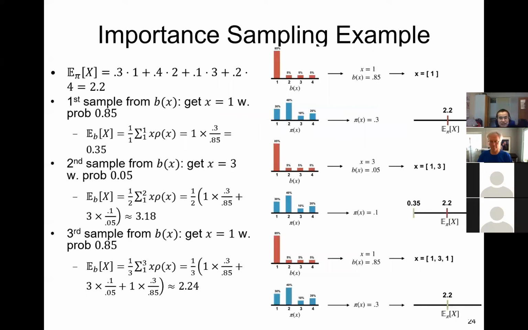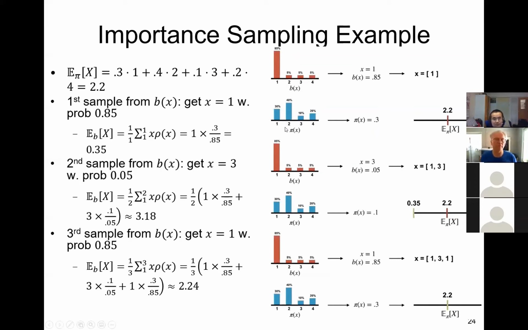So let's look at one example. Say we have two possible distributions of a random variable x. With b(x), you have 0.85 probability of value 1, 0.05 probability of value 2, and so on. And pi(x) is another distribution among the 4 values.